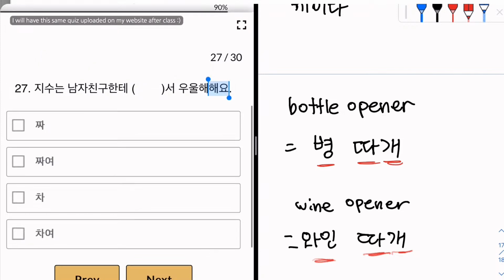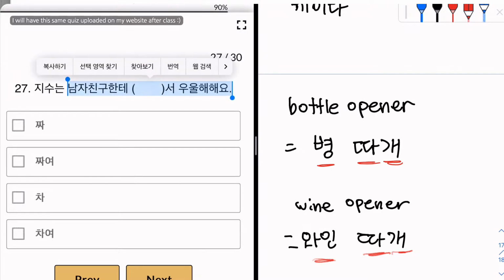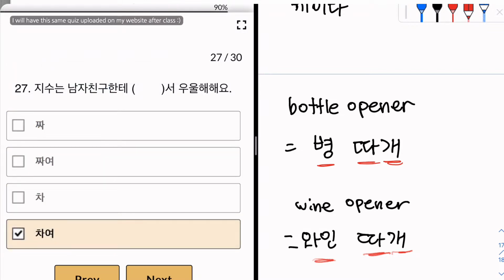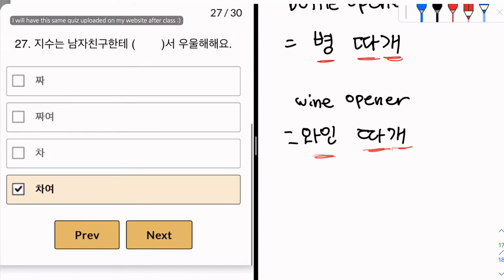So 지수 is feeling 우울해, feeling down, because she verbed by 남자친구. So what kind of action can a 남자친구 do for a girl to feel down? 지수 got 짜요, 차요. Which one would be the most natural verb that can be placed in the blank?